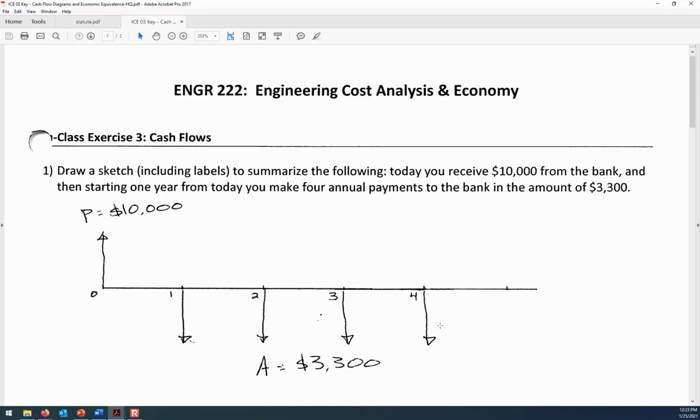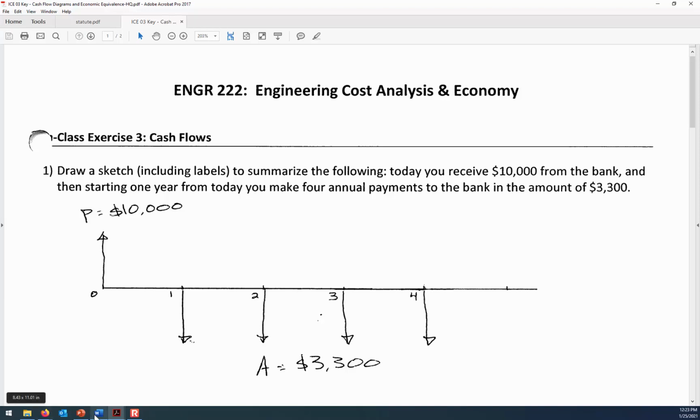It hasn't told us any interest rate there. We could calculate i. There are formulas that relate a lump sum P to a uniform amount A. We could calculate that. But this is the cash flow representation of it. So any questions about this first one? Money that you get is up, money that you pay is down.